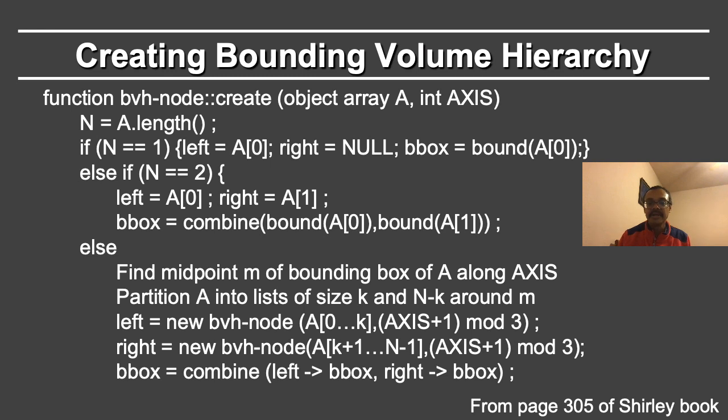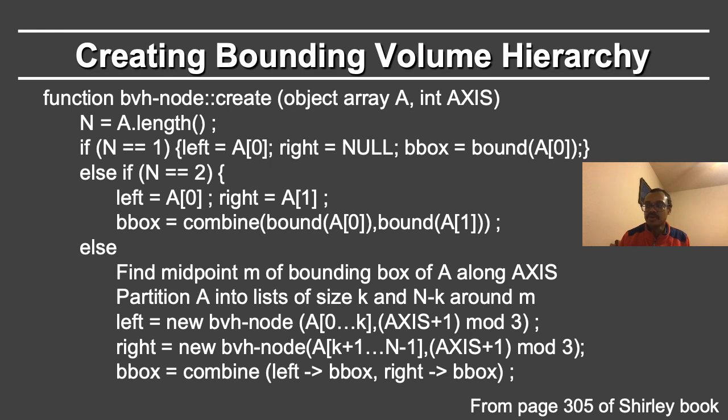Given a particular list of objects or an object array A and an axis, which is the x, y, or z axis, n is the length of this list. If there is only one object, then the left tree will be A0, which is the first object, the right subtree will be null, and the bounding box is simply the bounding box of the object A0.